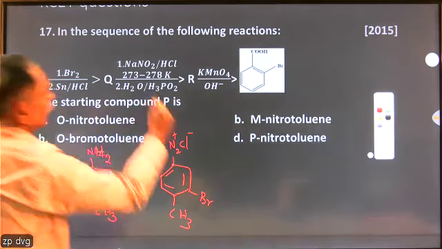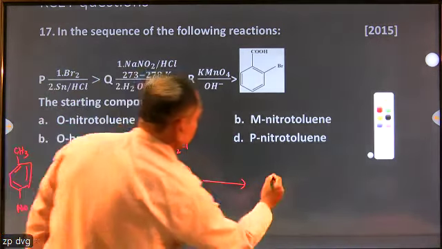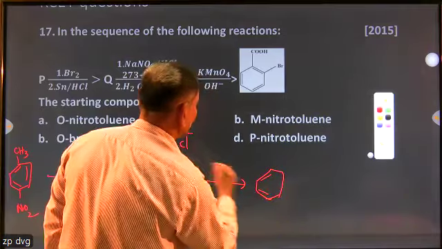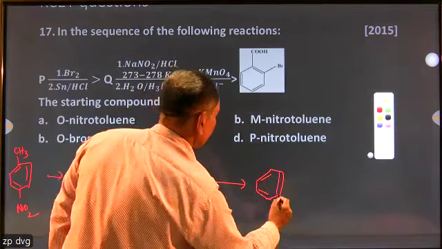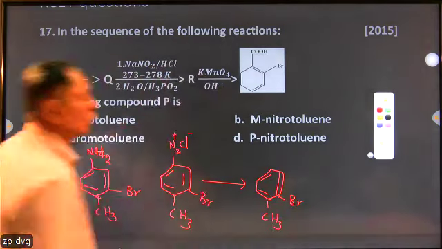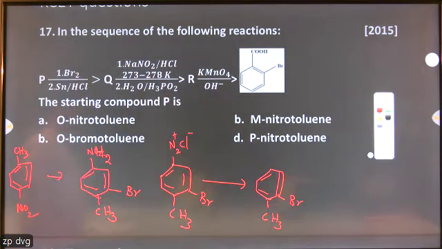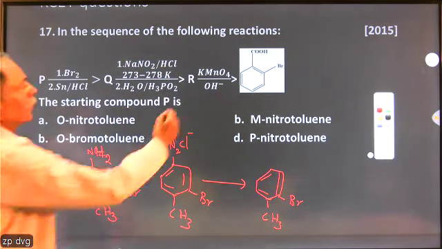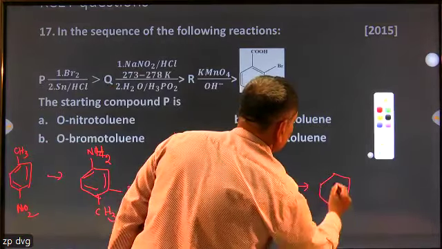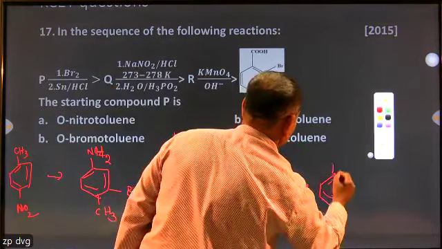And this upon treating with hypophosphorus acid, you get replacement of N2 group by H. So in that case, you get orthobromotoluene. And then if you treat that with KMnO4, you get this compound.